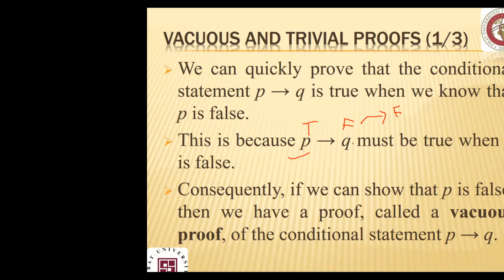False implies true is true, false implies false is also true. That is what we call vacuous. Vacuous means what? If you prove that P is false, then no matter what Q is, the outcome is true. Why? Either way of Q, false or true, as long as P is false, the outcome is true.